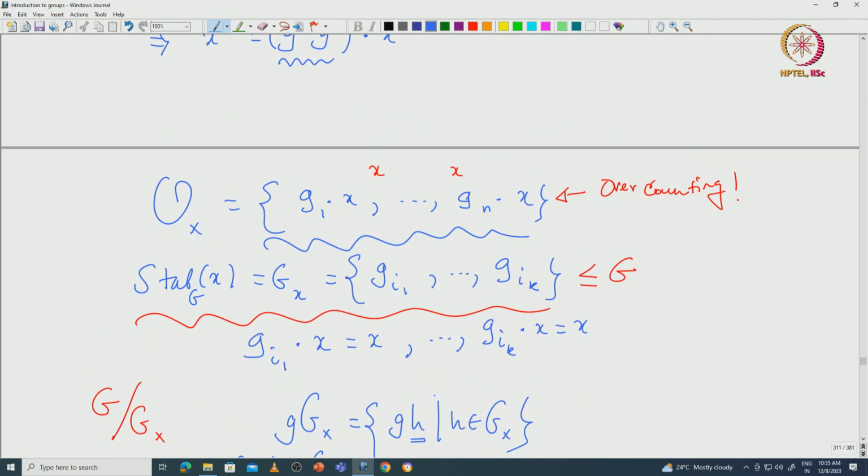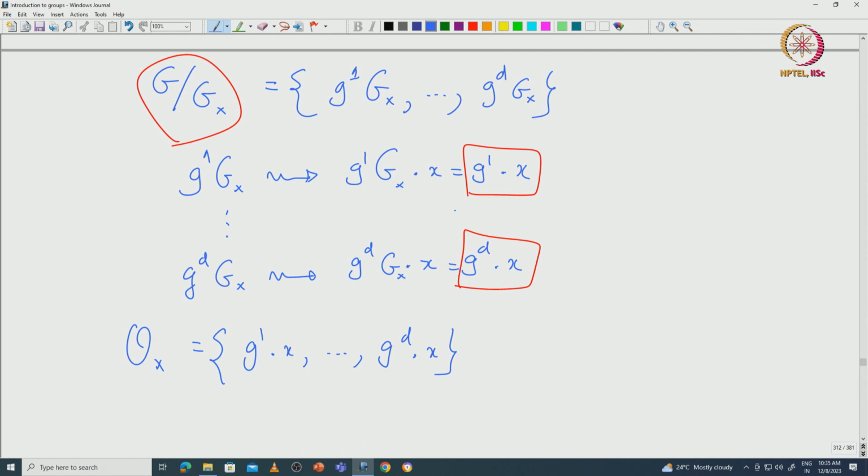This was obviously overcounting, and from this we came down to only D, where D is going to be the cardinality of G divided by the cardinality of Gx, if Gx is a subgroup. This gives us D number of elements, where D is the index of Gx in G.